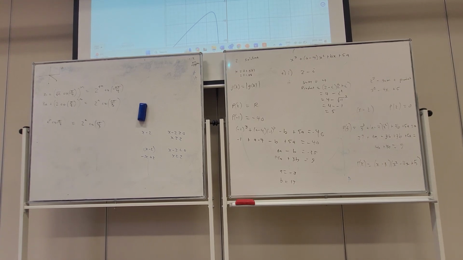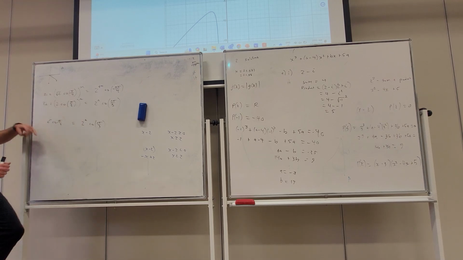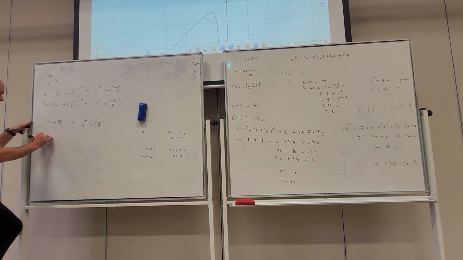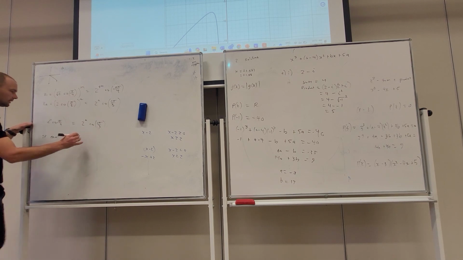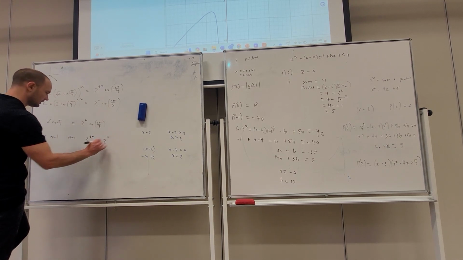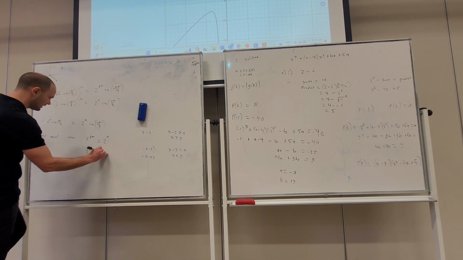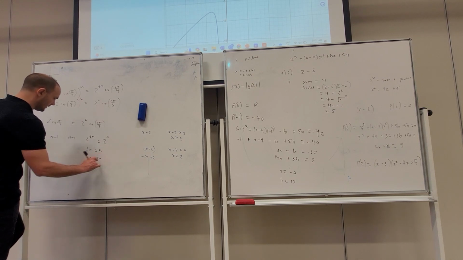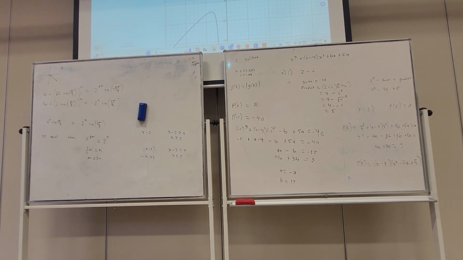If they're equal, you can equate the angles, or you can equate the modulus. If they're equal, then they're equal in magnitude, which means 2 to the half m equals 2 to the n. We have half m equals n, and we have m equals 2n. It's only 1 mark.